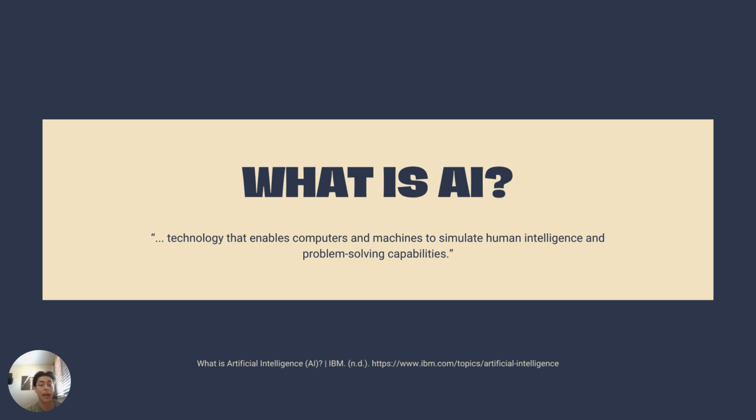So, what is AI? We've seen that throughout the whole semester, but just a brief definition. AI is technology that enables computers and machines to simulate human intelligence and problem solving capabilities.